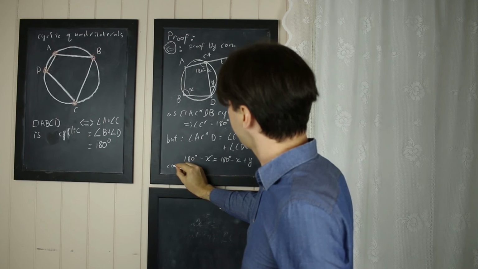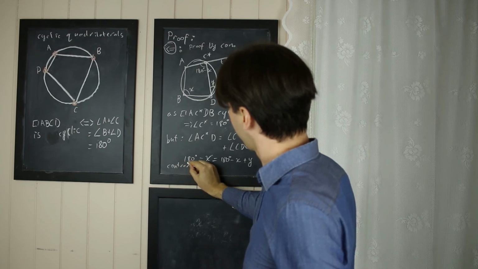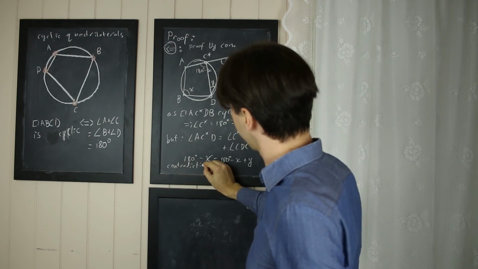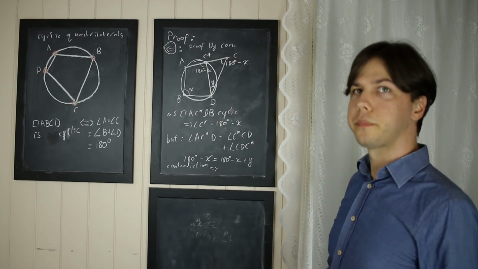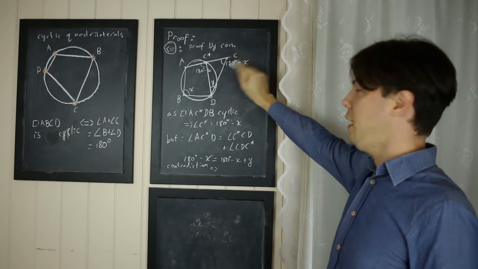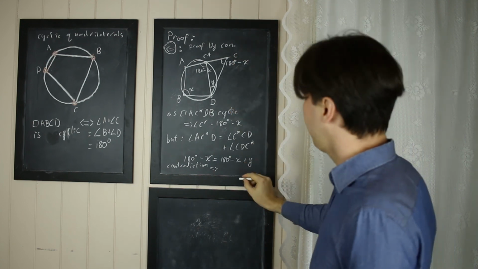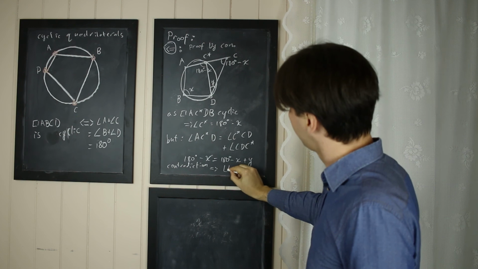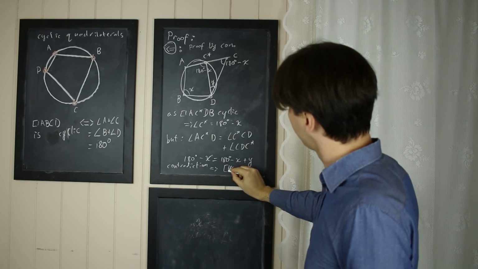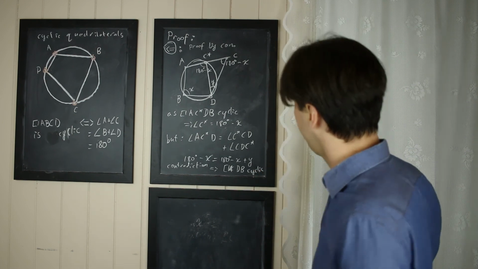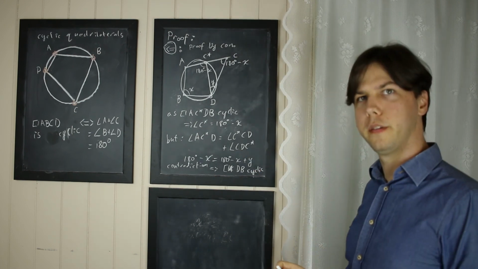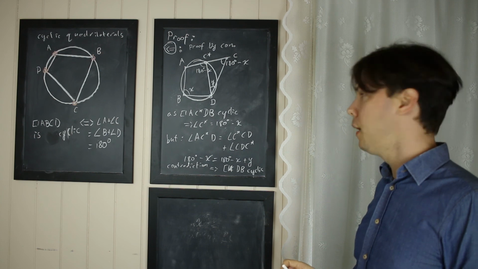This is a contradiction. And therefore, our assumption that C was off the circle must be incorrect. And then that quadrilateral must be cyclic.